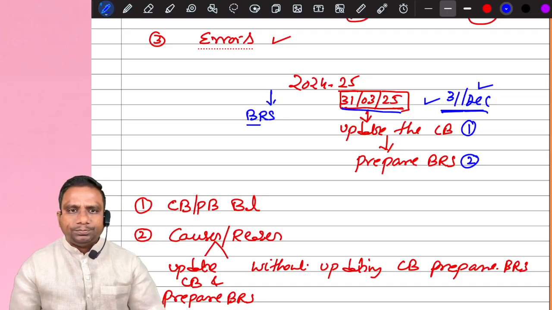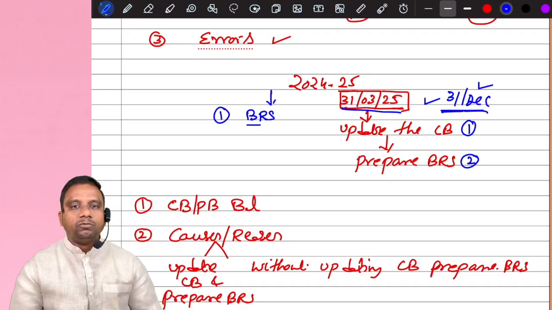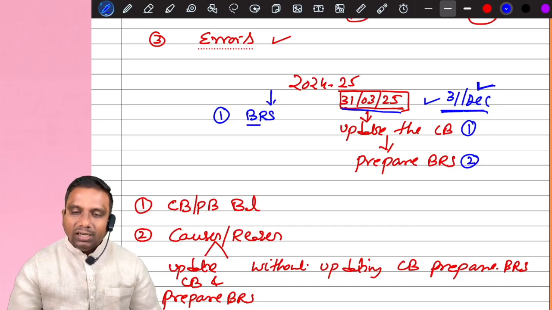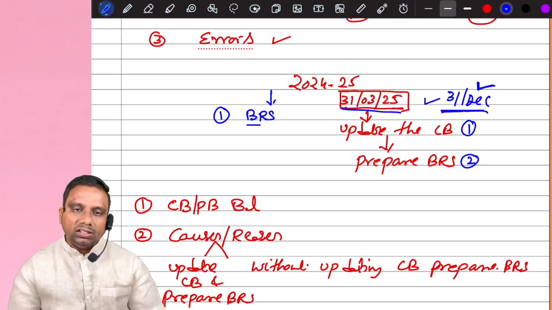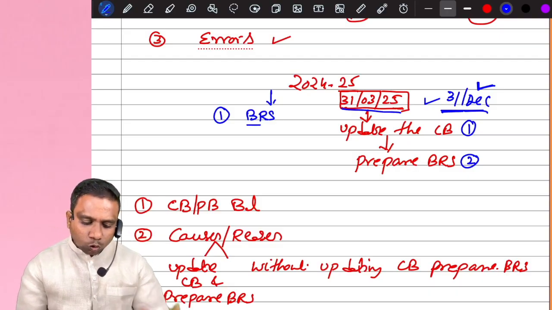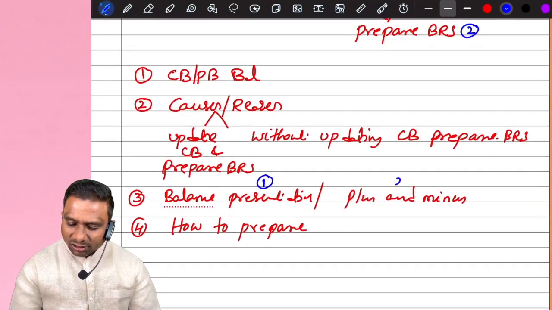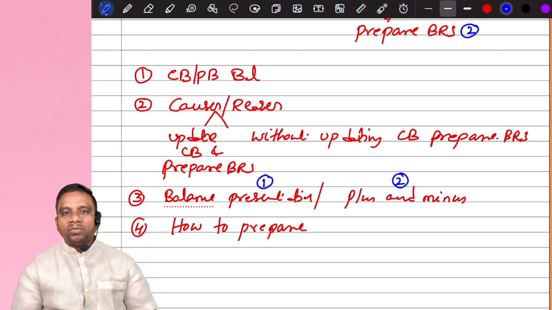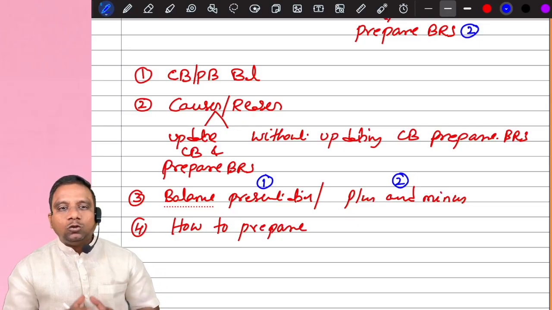It is up to you. Now we try to solve problems on direct preparation of BRS, and on preparation of BRS after updating the cash book. These two types of problems we see. Now the next question: which format do we have to follow? There are two formats. One is balance presentation; the second is plus and minus presentation. If nothing is mentioned, which presentation to follow?